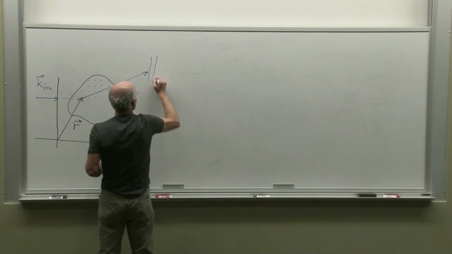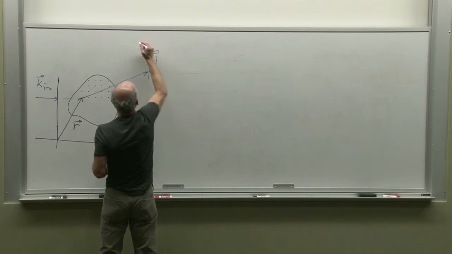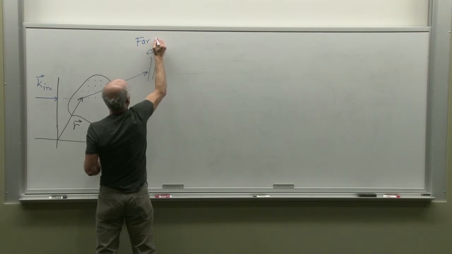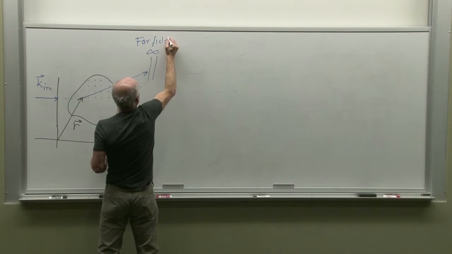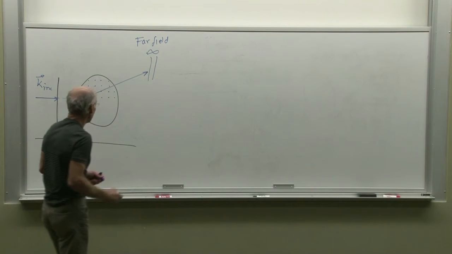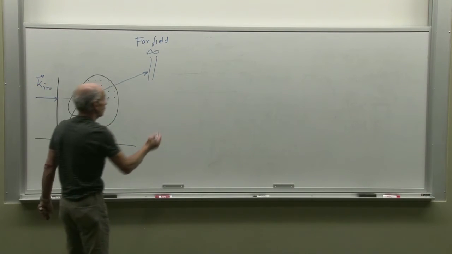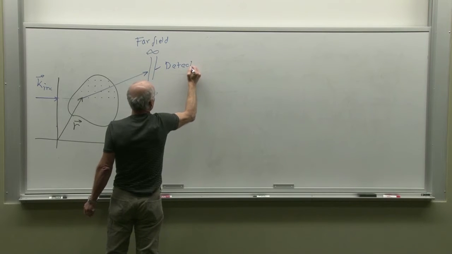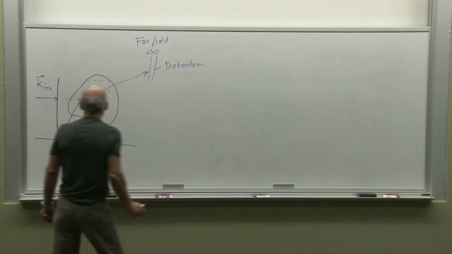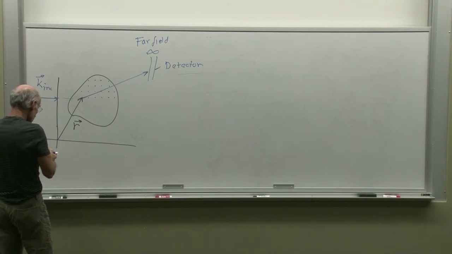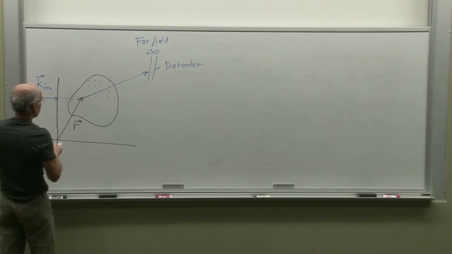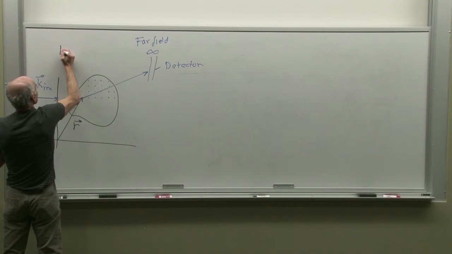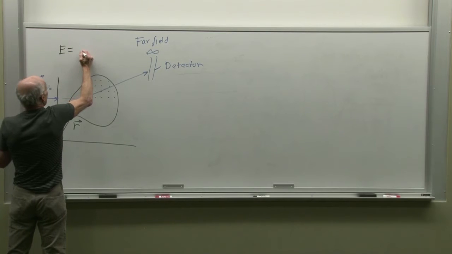So there's a detector clear out here a long ways away in the so-called far field. Distance is great compared to the wavelength and the size of the particle to the detector. And let's remember the key thing here is to keep track of the phase of these things so we can add up.